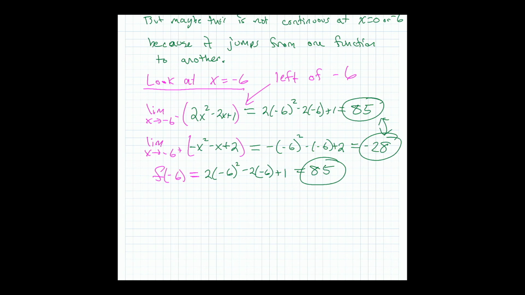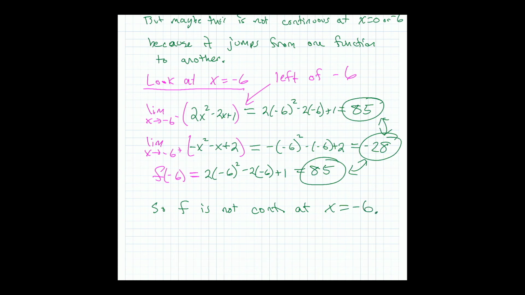And then after that, you need that number to be equal to the function value, which is this number. So basically all three of these just need to be equal for it to be continuous. They're not, and so f is not continuous at x equals minus 6.